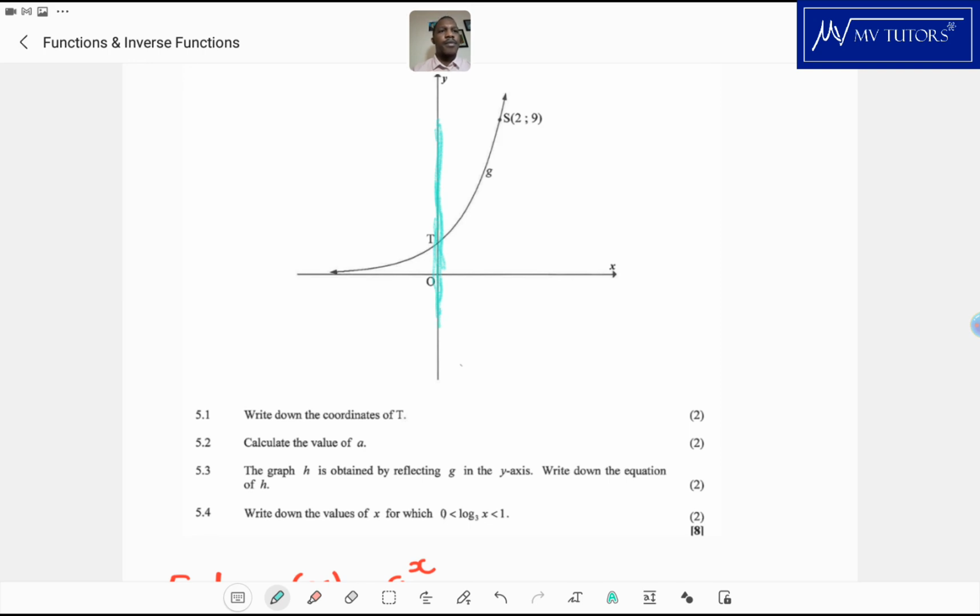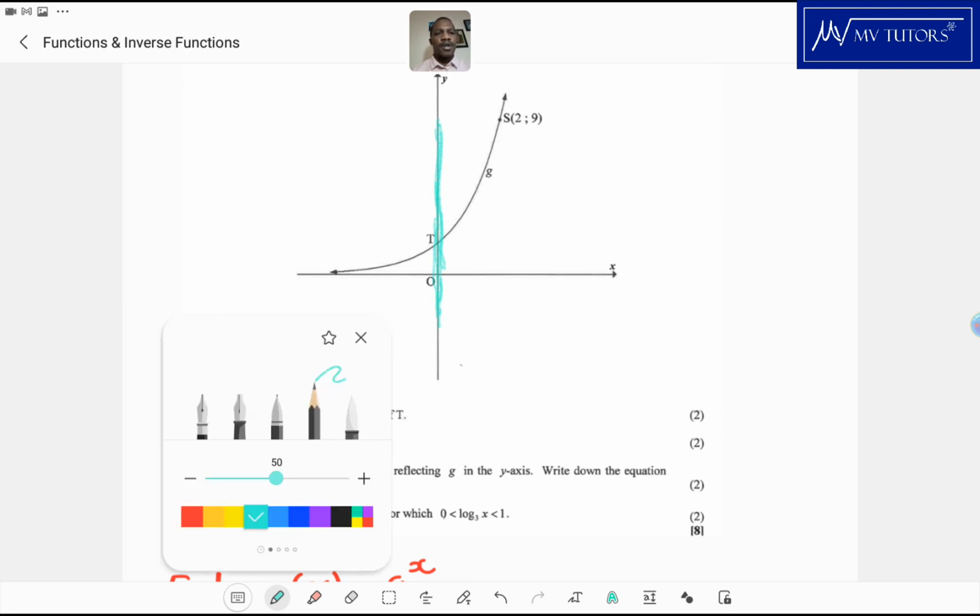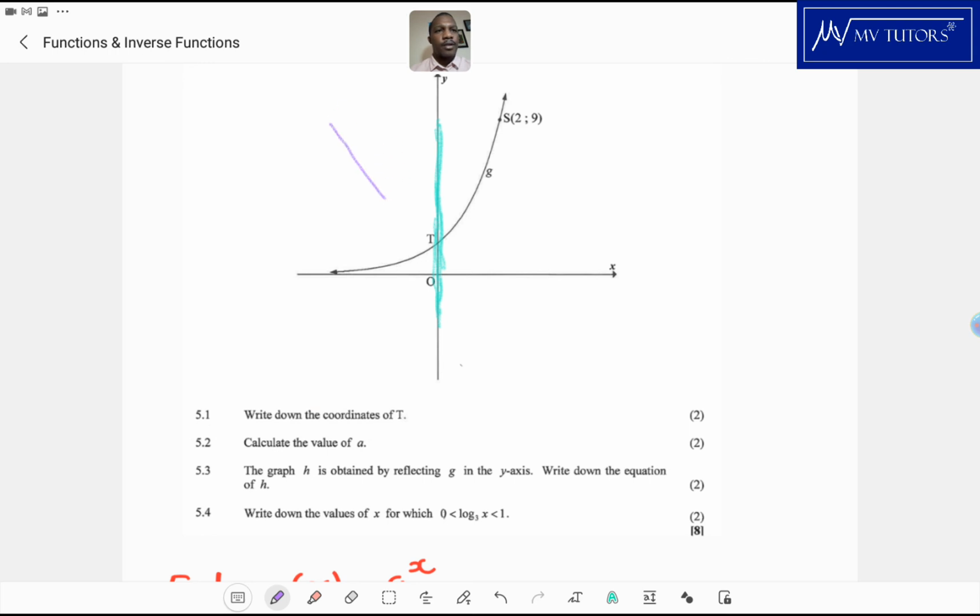When we have a mirror there, the graph that we are actually going to get is going to be like this. It doesn't touch there. It pretends as if it's going to touch, but it never really does. Okay, it crosses that one, and then there.